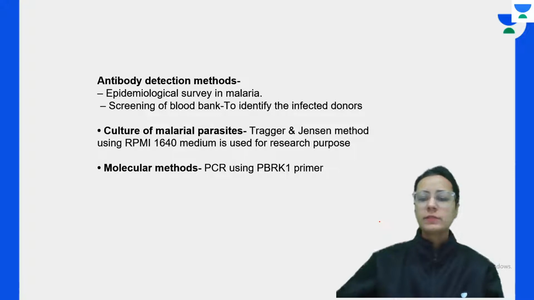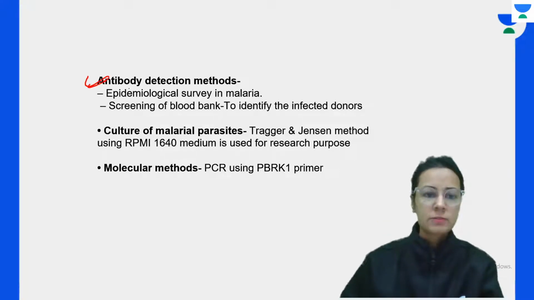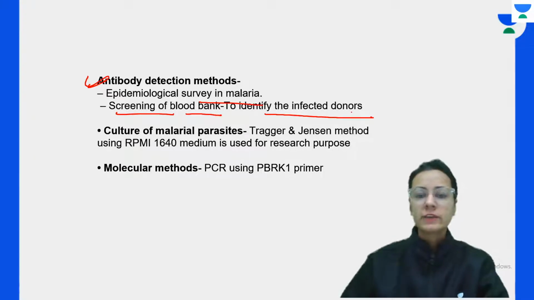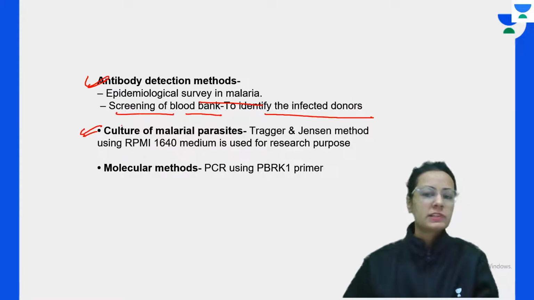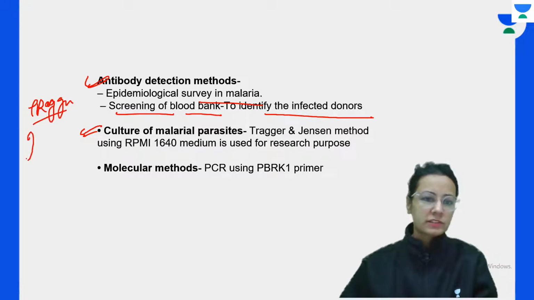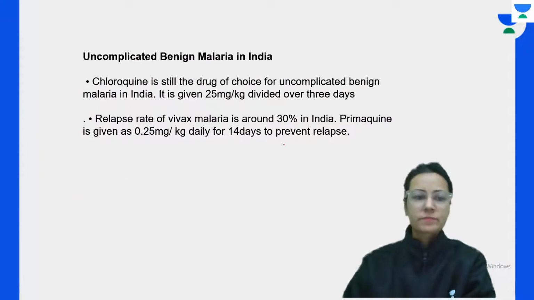Now, the next method that we use is the antibody detection test. That is for epidemiological survey in India and the screening of the blood banks to identify the infected donors. We use the antibody detection test. Next is the culture of the malaria parasite, Trager and Jensen's method we use. And molecular methods, that is PCR using the PPRK1 primer.